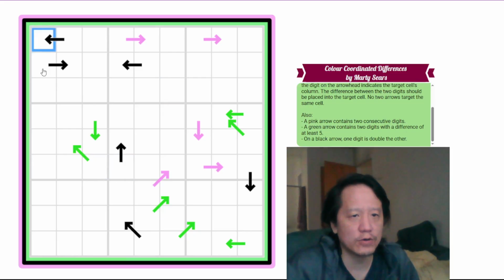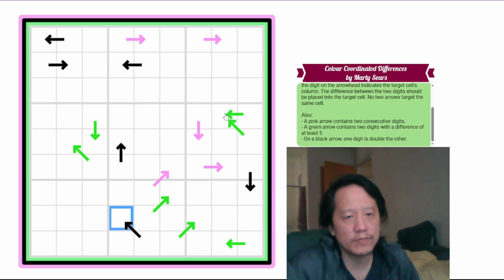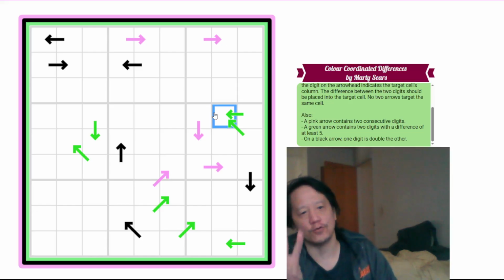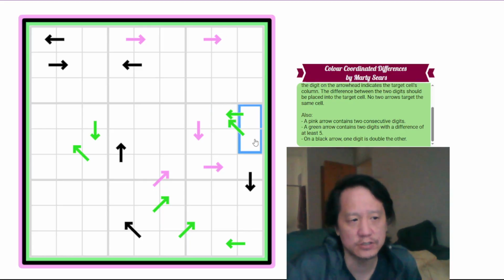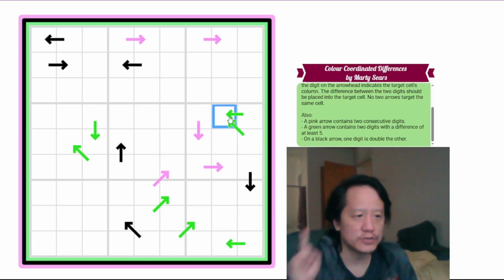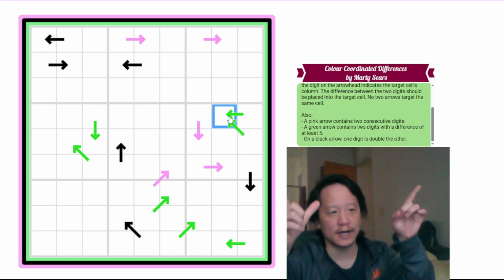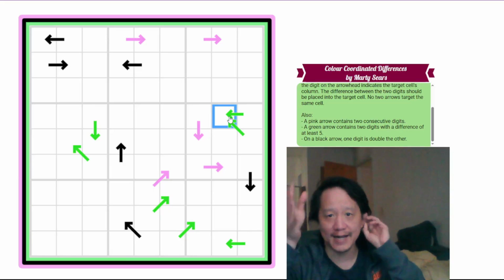And we have 4 and 8, and 8 and 4. But if you have 4 and 8, that would have a difference of 4, and 4 cannot be next to two unique digits on a Whisper 5 line. So that's not possible. So we know the exact target cells.